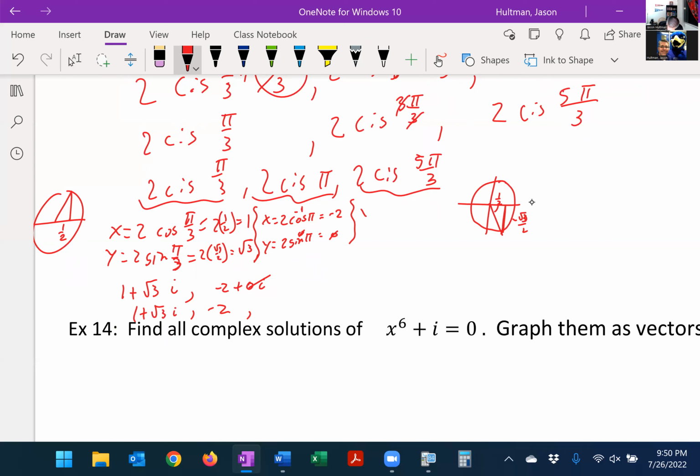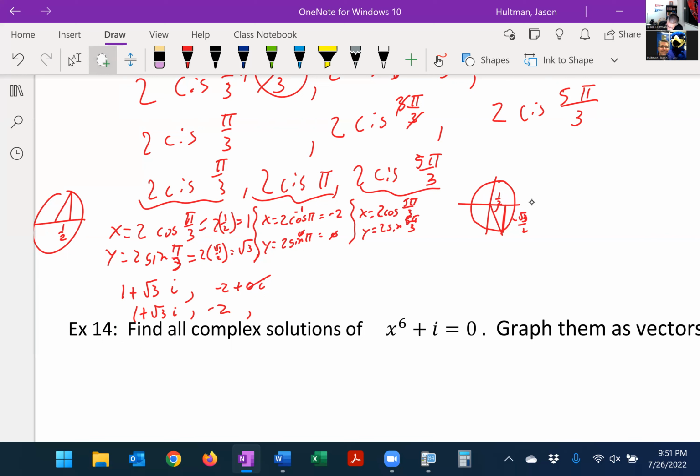Okay, so very similar to what we had before. So x is equal to 2 times cosine 5 pi over 3, and y equals 2 sine 5 pi over 3.